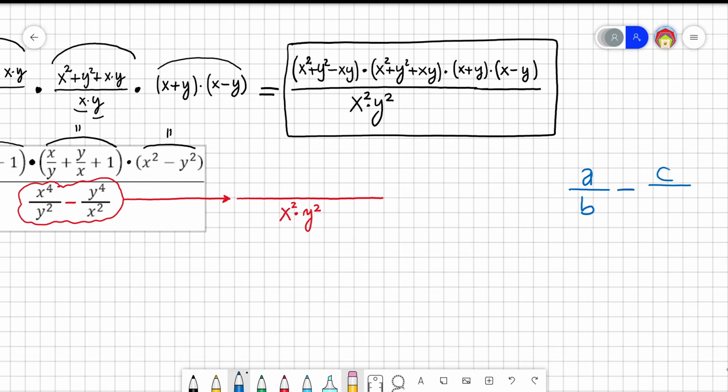For example, if you want to make this subtraction very easy, you just do a times d minus b times c divided by b times d. This is the general rule that works every time with fractions.